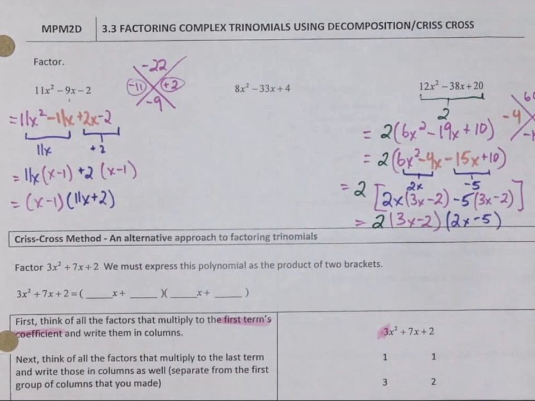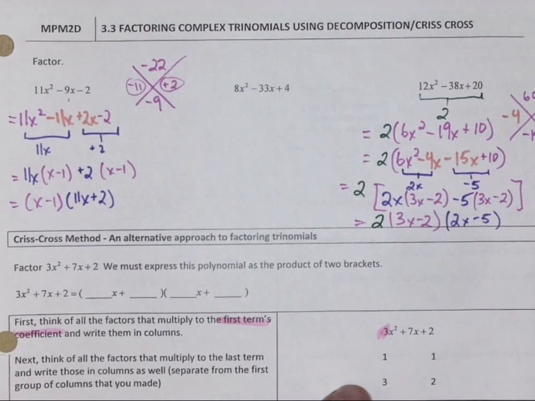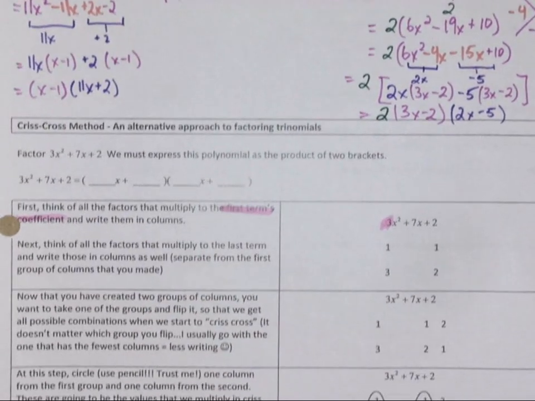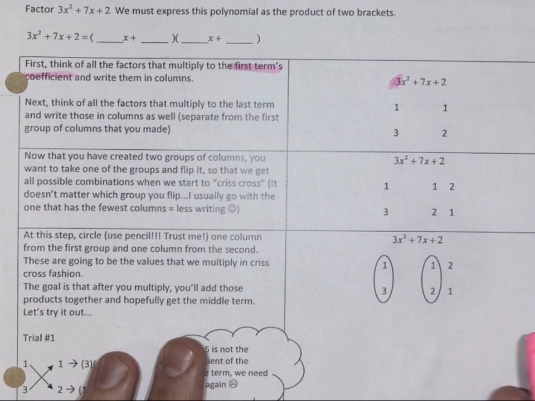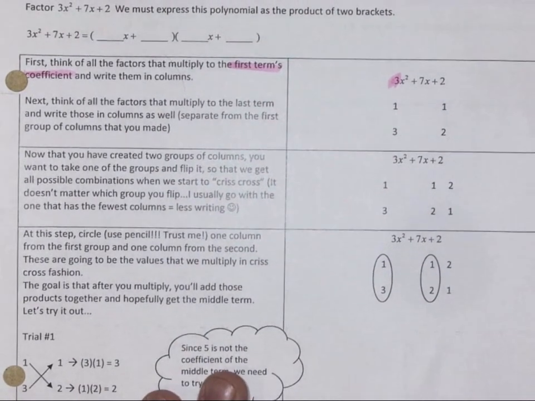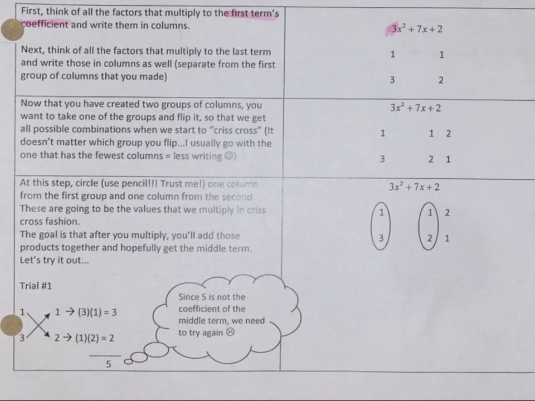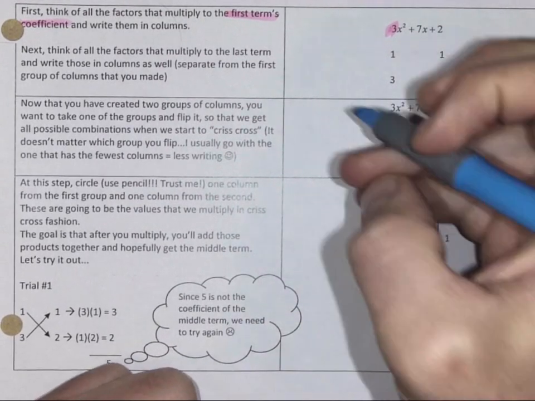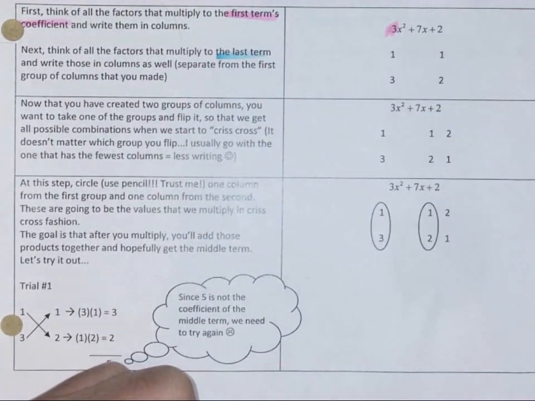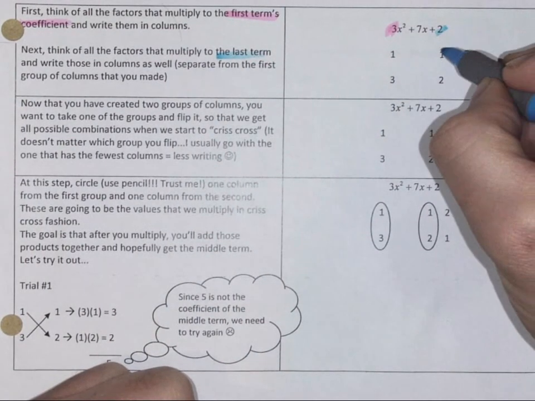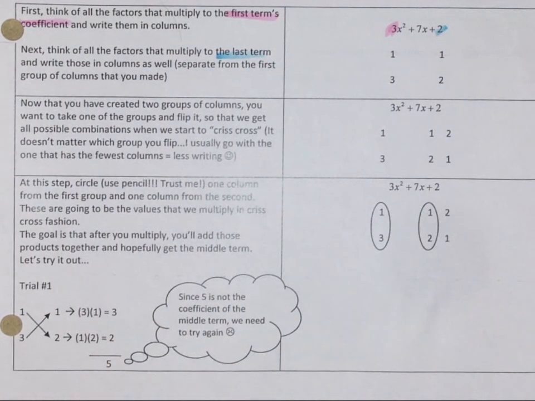So what multiplies to 3? The answers are 1 times 3. That's our only option. Then we want to think of all the numbers that multiply to the last term. What multiplies to 2? 1 and 2. Those are our only options again.